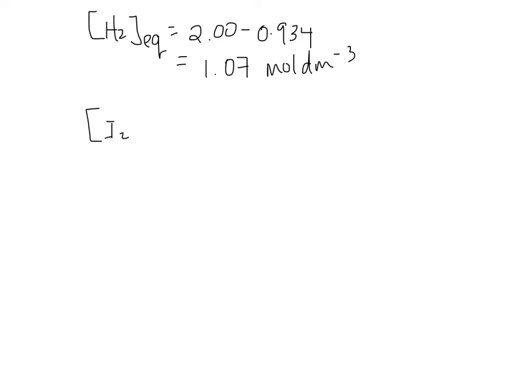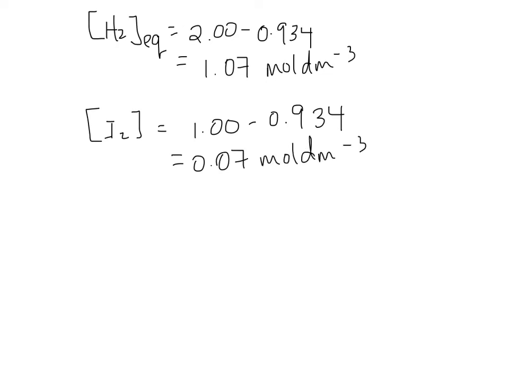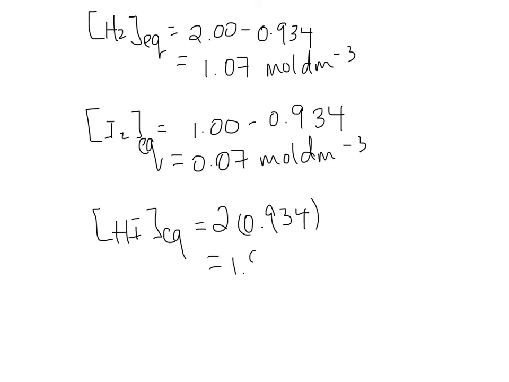The concentration of I2 was 1.00 minus x, so minus 0.934, gives us 0.07 moles per decimeter cubed. And lastly, HI at equilibrium is 2 times x, so 2 times 0.934, gives us 1.87 moles per decimeter cubed.